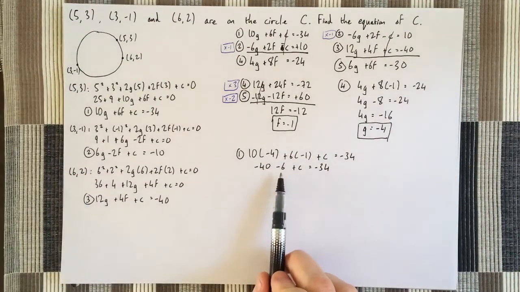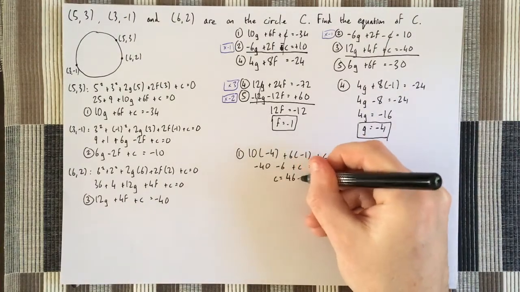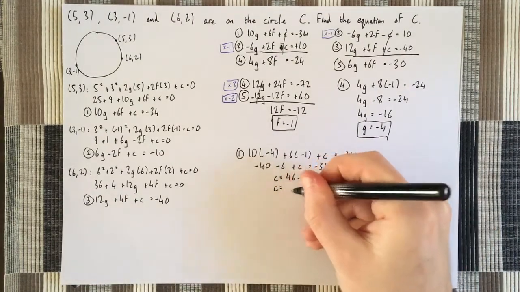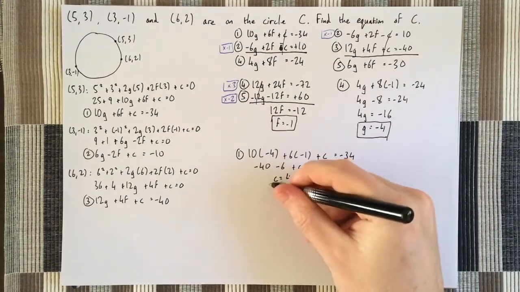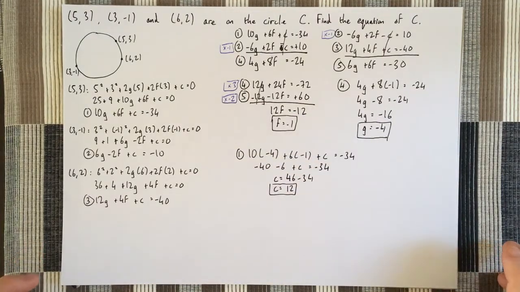Minus 40 minus 6 is minus 46. I'll bring it over and it becomes plus 46. So 46 minus 34 is equal to 12. So there's my G, F, and C.